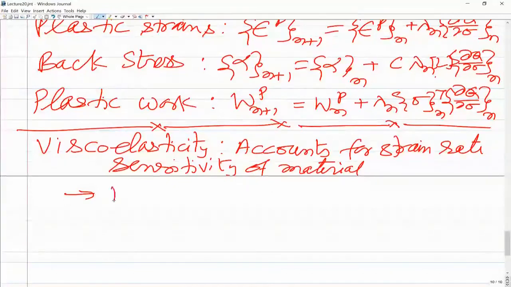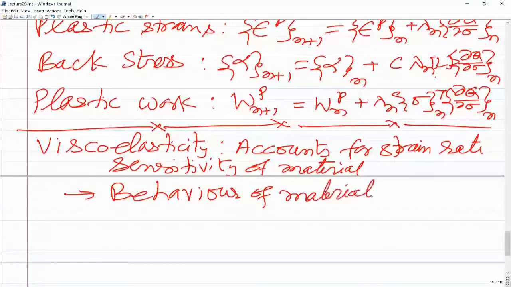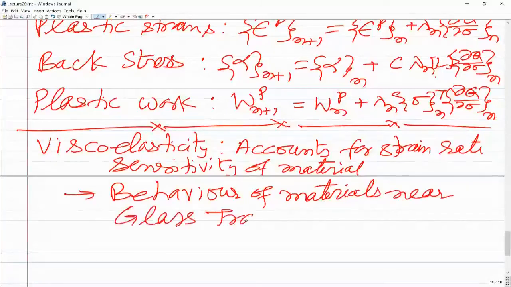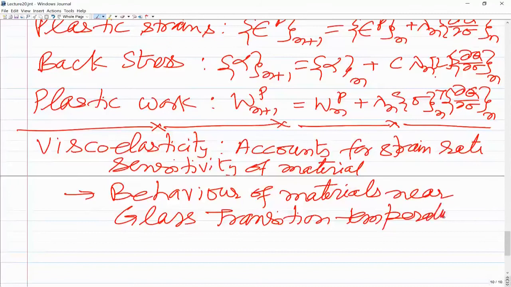So this viscoelasticity is a behavior of material near glass transition temperature, and let me denote it by Tg, the glass transition temperature.